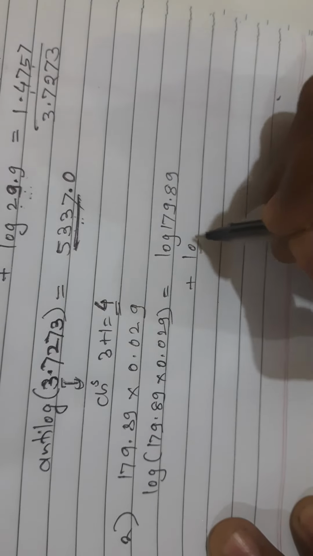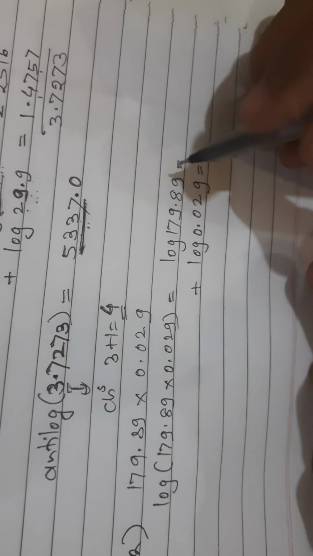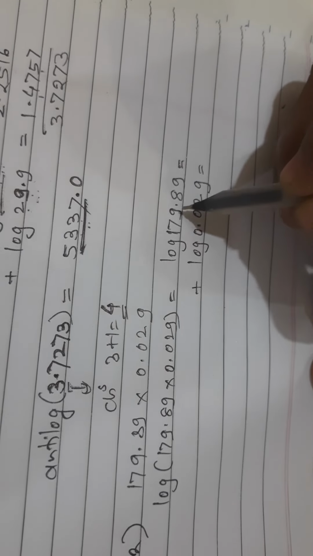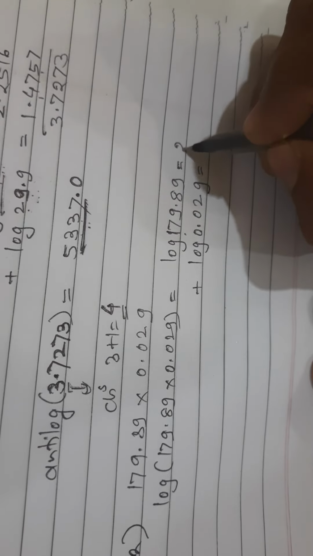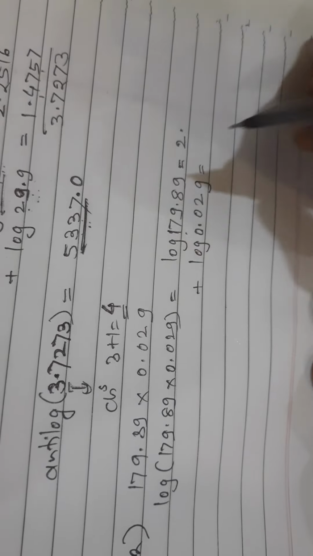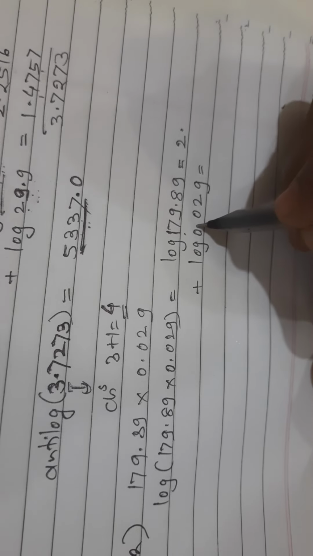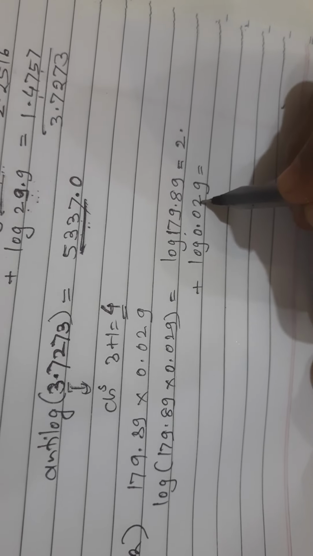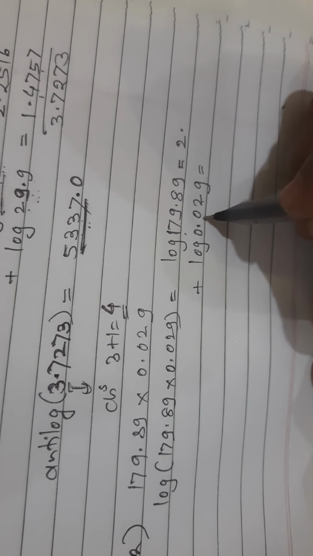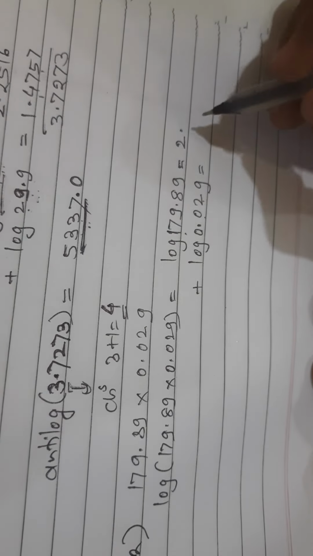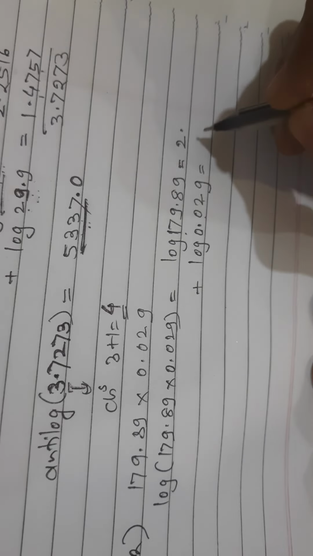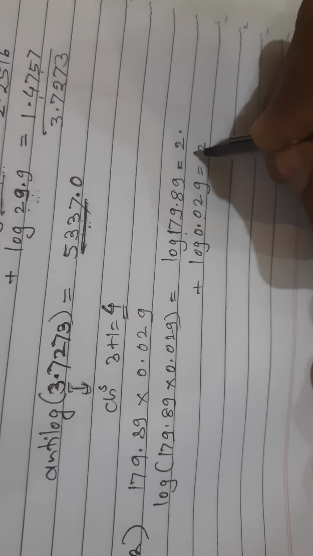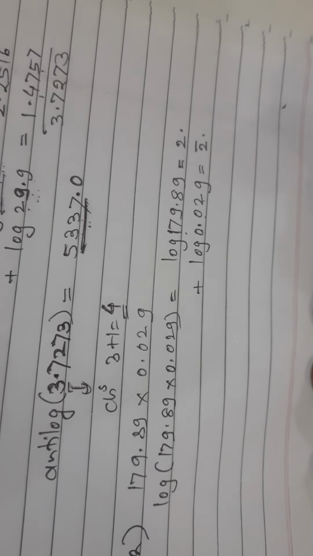Then find the characteristic for each number. Now there are 3 digits in the integral part, therefore the characteristic is 2, that is n minus 1. Now the number of zeros between the decimal point and the first non-zero digit is 1. Then 1 plus 1 is 2, and for a number less than 1 the characteristic is always negative, therefore the characteristic is bar 2.